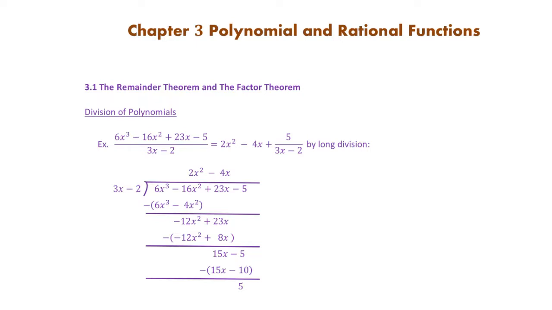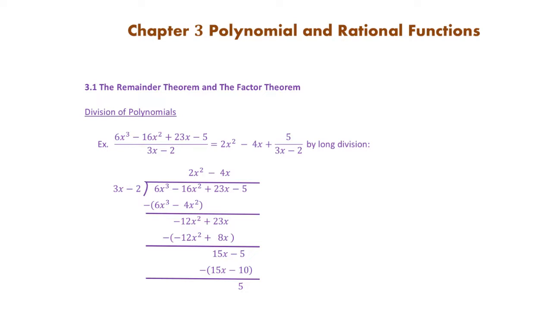If you distribute 2x squared. And then you're going to subtract that from the dividend. So, and then you change the sign of everything. So you got negative 6x cubed plus 4x squared. So, and then 6x cubed cancels, and then you are left with the negative 12x squared.